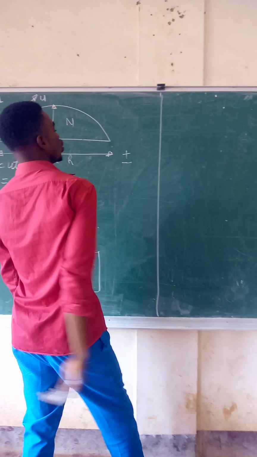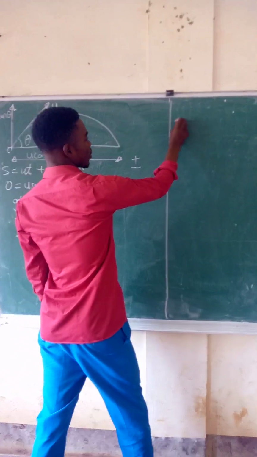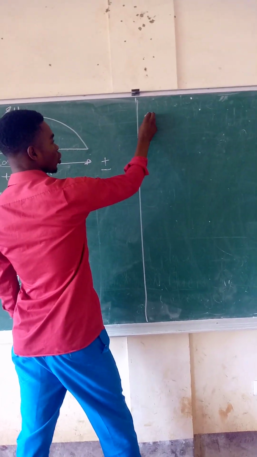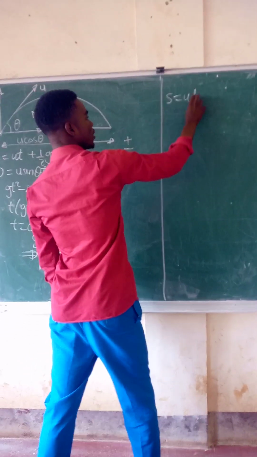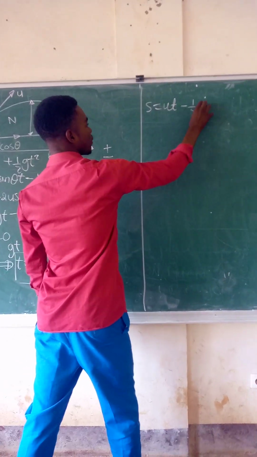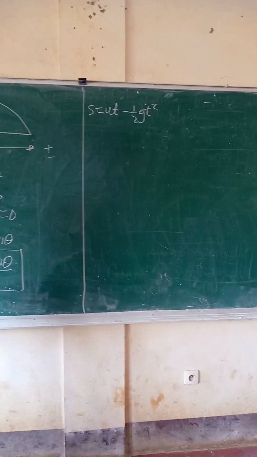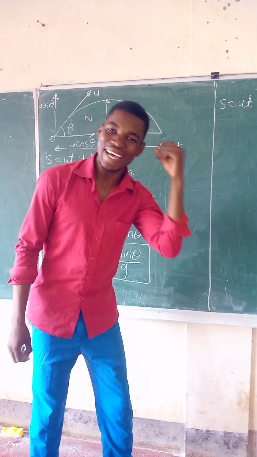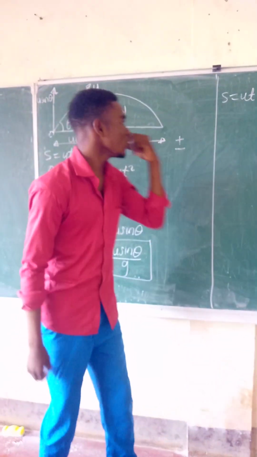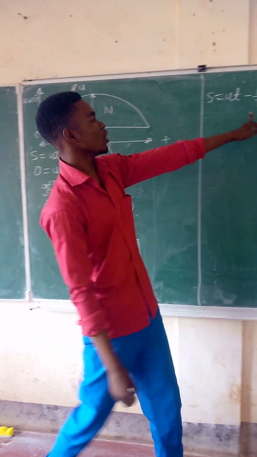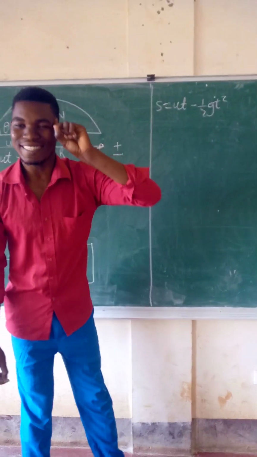And still using Newton's law of motion, S equals ut minus 1/2 gt squared. I see that the horizontal component of the speed is not accelerated. That means that this g in this case turns out to be 0.